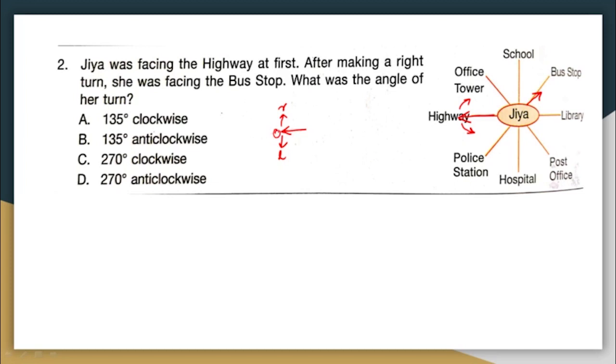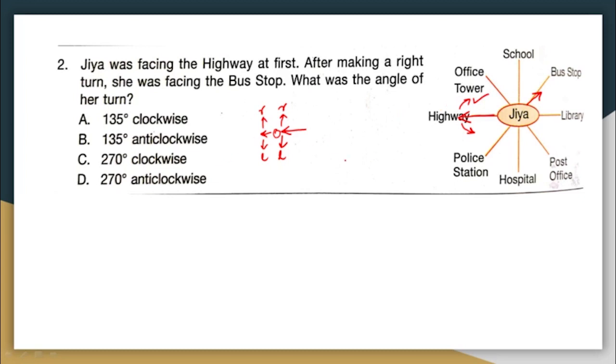Where will your left hand be? Your left hand will be here, or this will be your left. Where will your right hand be? Your right hand will be here, or this will be your right. So the left side of Gia will be this and the right side of Gia will be this. So when I say that Gia is turning towards the right, definitely she is going to turn in this direction. So this is the direction in which Gia is turning. So what has Gia done?